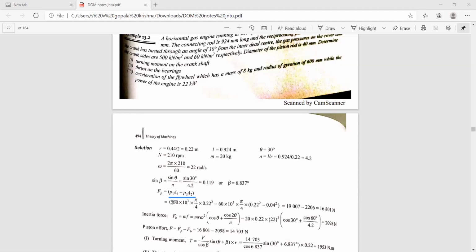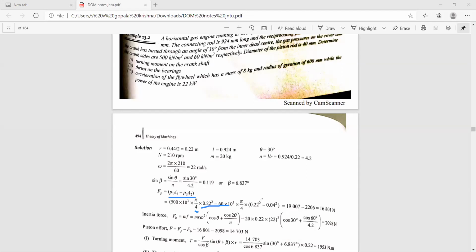P1 is the pressure on the cover end, 500 kilonewton per meter square, so 500 into 10 cube, into A1, which is pi by 4 into 0.22 square. Sorry, here what is the D value or R value? The formula is pi R square, while pi by 4 D square needs D, 0.44, to be substituted. Here we have a mistake, so all of you observe. Minus P2, which is 60 into 10 cube, into pi by 4 into A2.